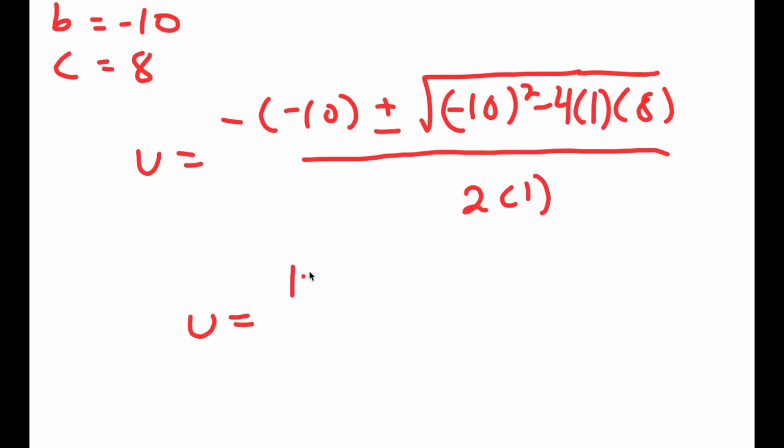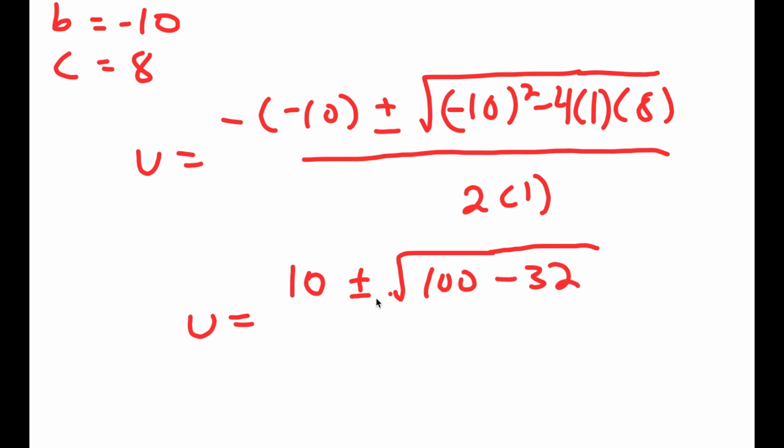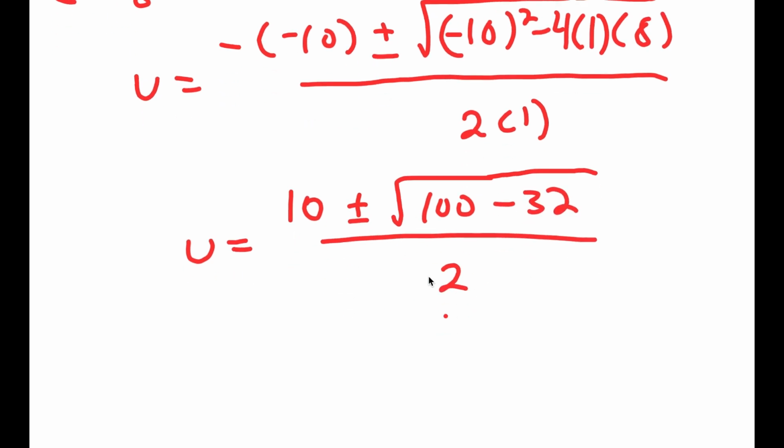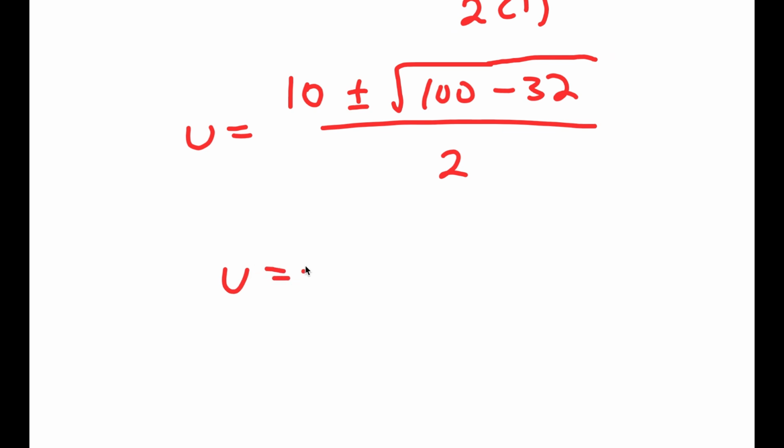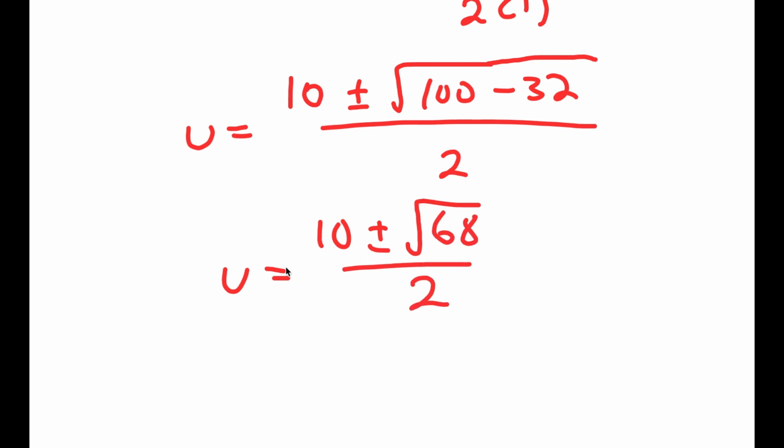And now this is equal to positive 10 plus or minus the square root of 10 squared, which is 100, minus 32, all over 2. And now this is equal to 10 plus or minus the square root of 68 over 2. Now I'm going to simplify this a little more.